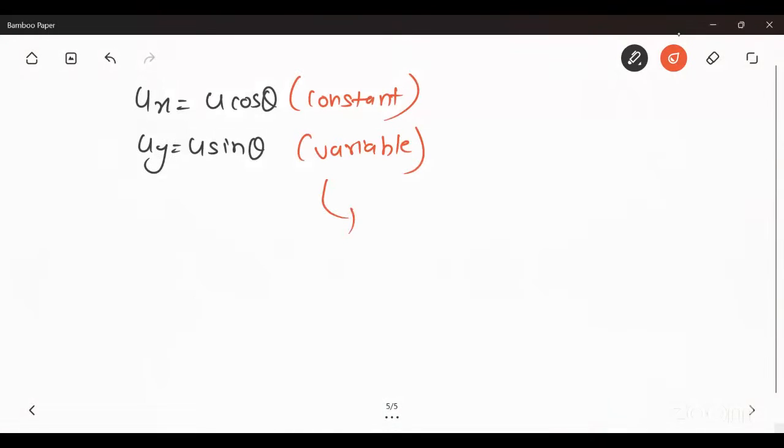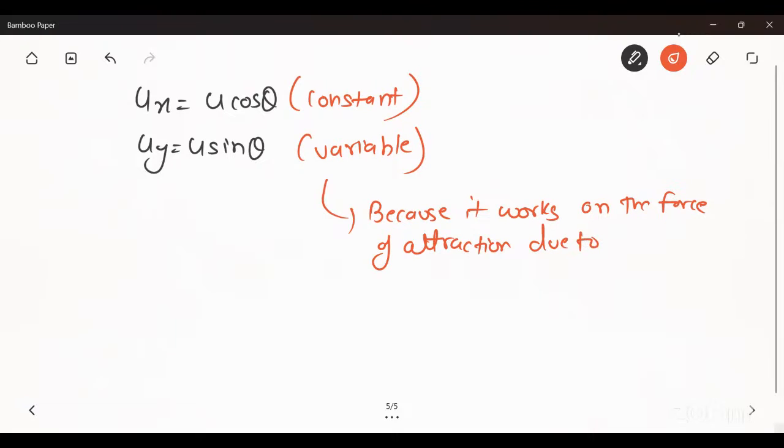It works on the force of attraction due to gravity, the acceleration due to gravity.